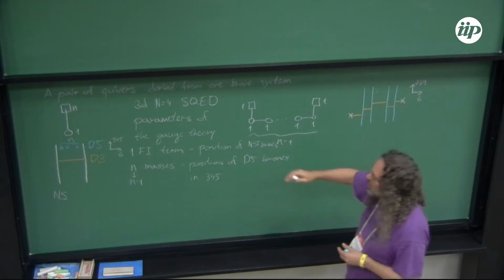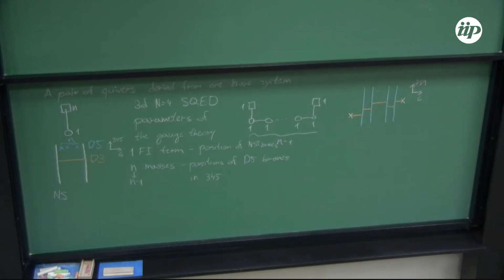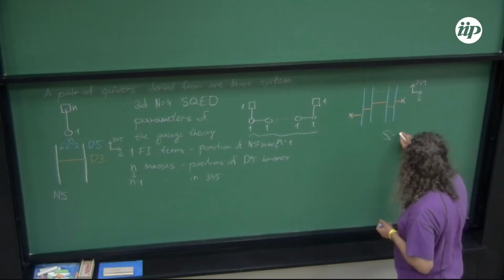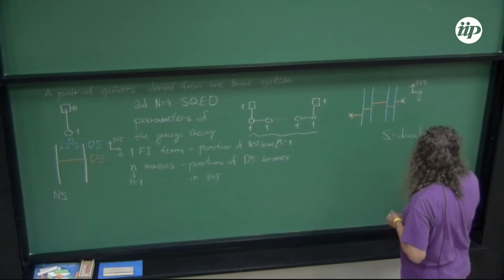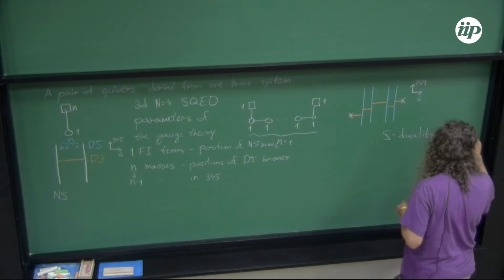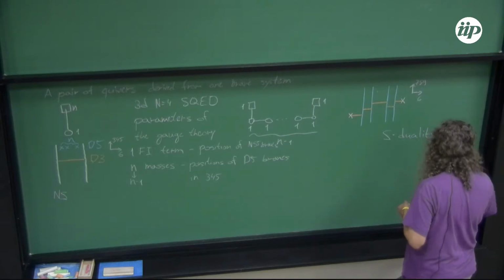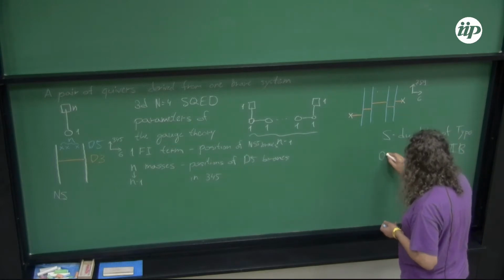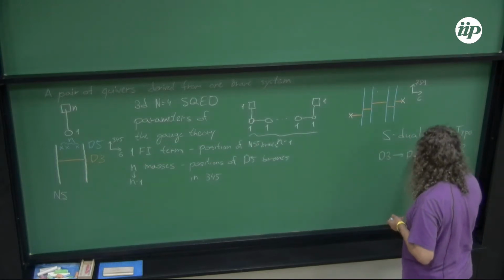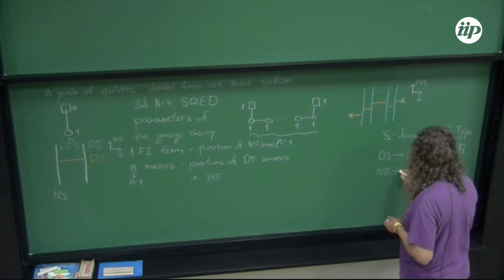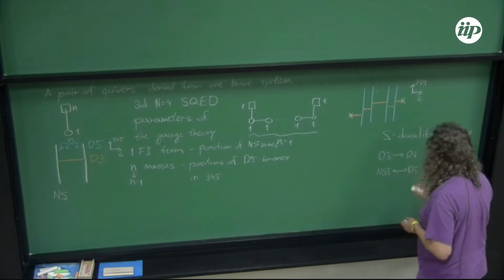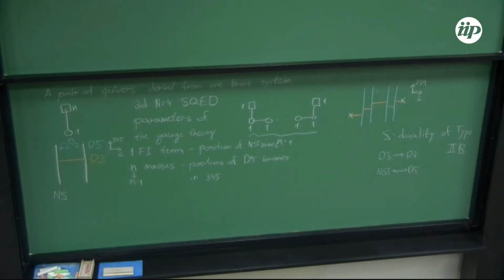So there is a natural symmetry. If I exchange the D5 and the Neveu-Schwarz 5 brane, I exchange masses by Fayet-Iliopoulos terms, and this exchange is naturally coming in type IIB as S duality. So D3 brane becomes D3 brane, Neveu-Schwarz 5 brane gets exchanged with the D5 brane. Okay?